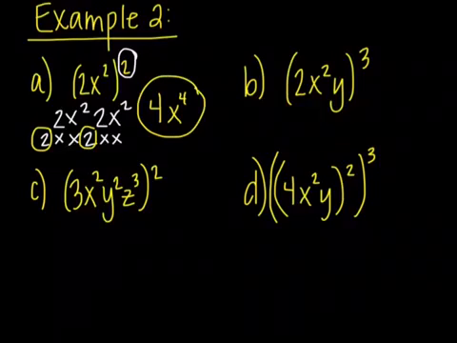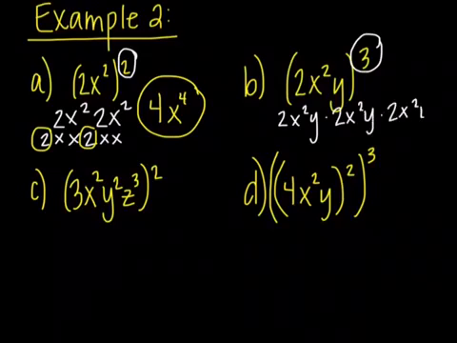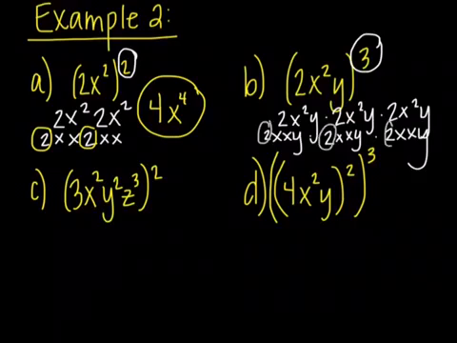On this next one, I see that my outer power is 3, so 2x squared y times 2x squared y times 2x squared y. Again, my x's can expand to x times x, so 2xxy for each one. My coefficients can simplify, so 2 times 2 times 2 will give me 8.